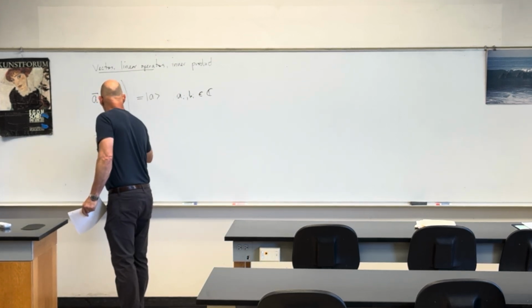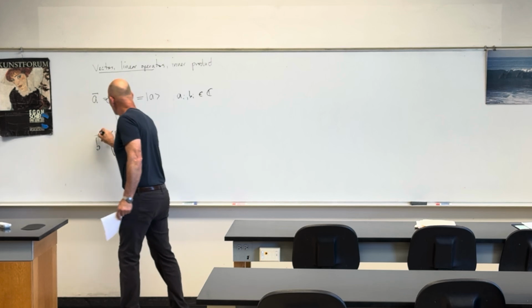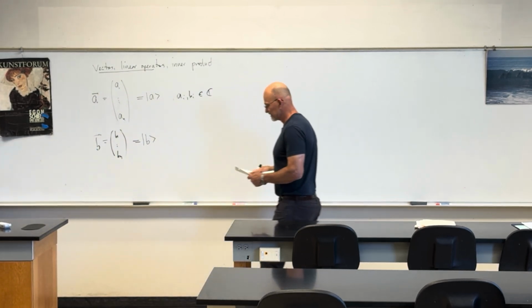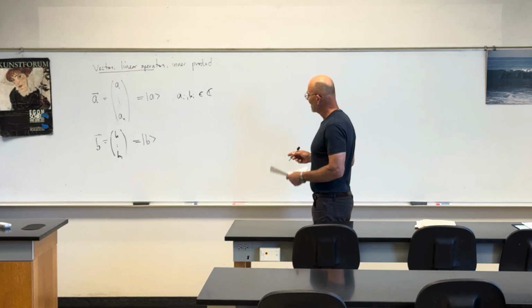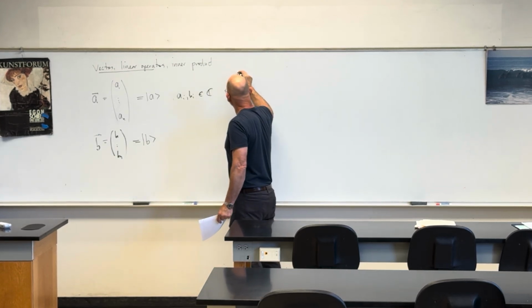Here was B1 to Bn. I'm writing them as columns. And there's the arrow. I can write it like that. So then you generalize the magnitude.